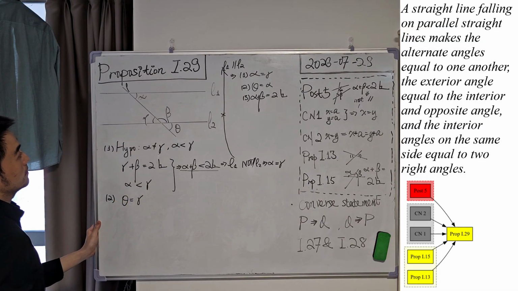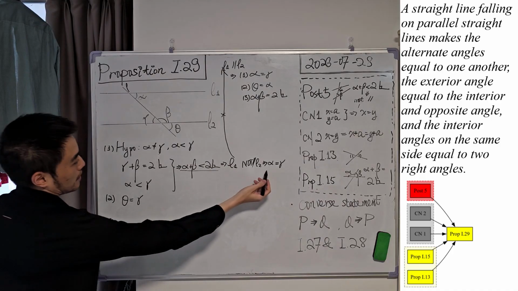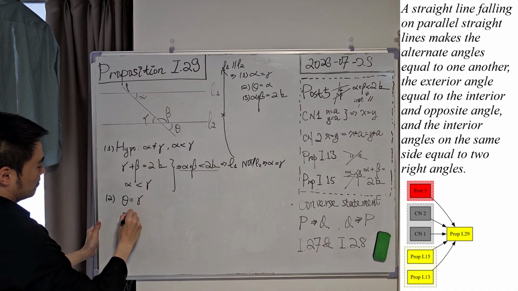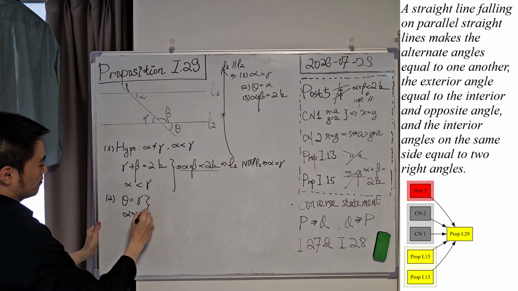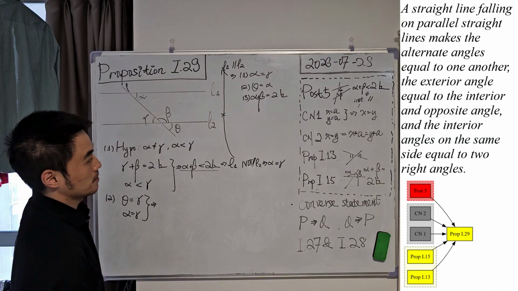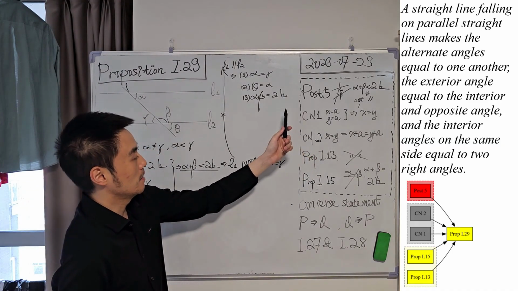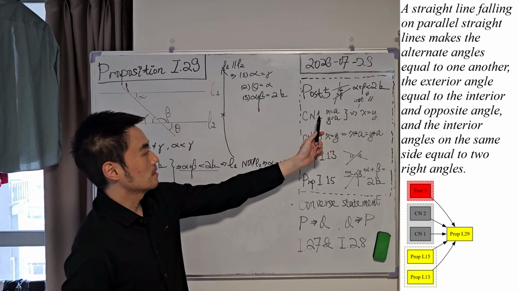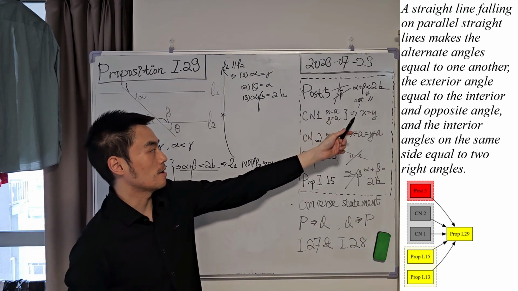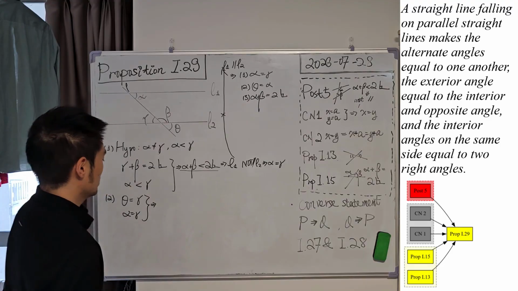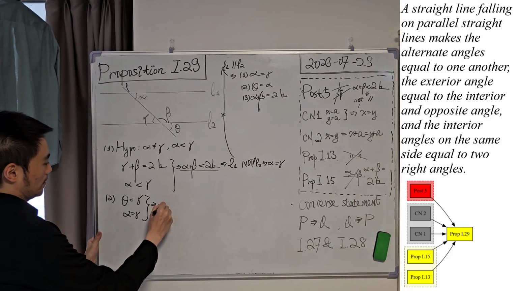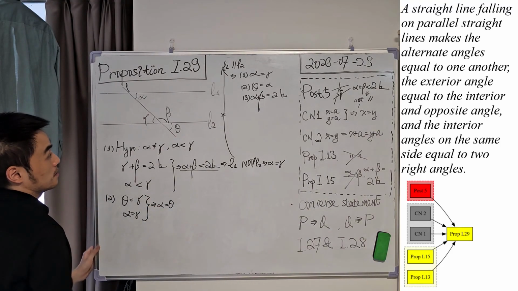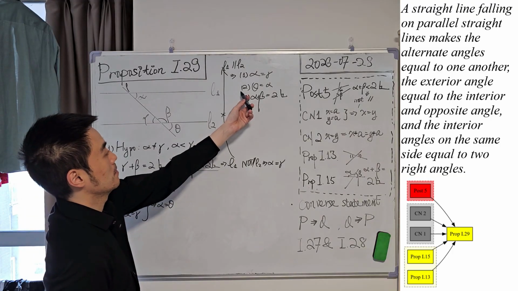And we have already proved that alpha is equal to gamma. If we combine them together and apply common notion 1, things equal to the same are equal, so we know that alpha is equal to theta. And we proved our second statement.